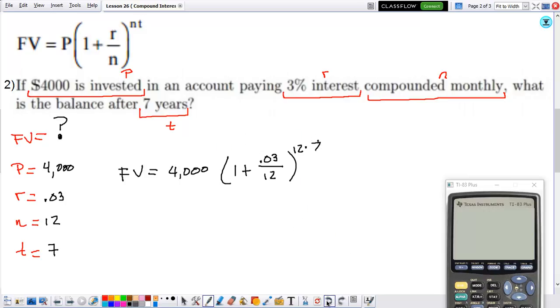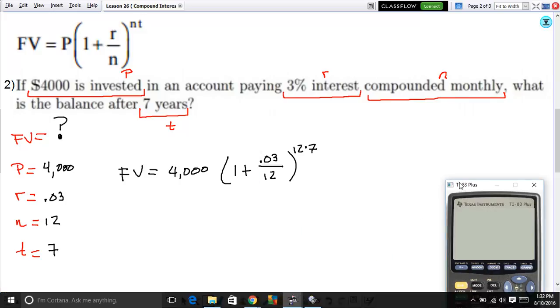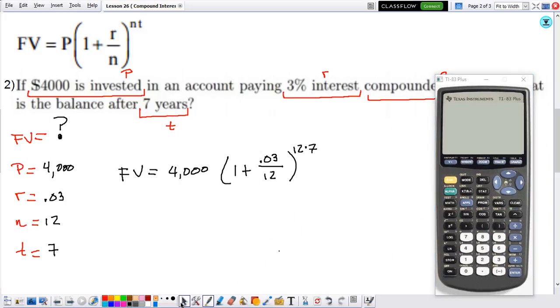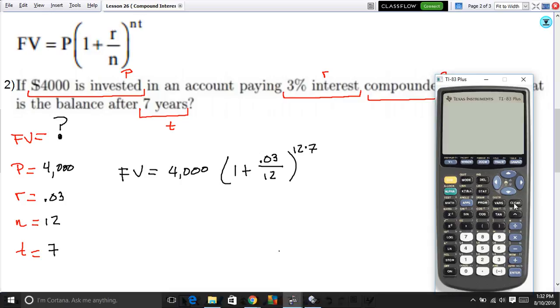One strategy that I use is I first just figure out what's inside the parentheses. I do the fraction first. So I'm going to put 0.03 divided by 12. That's that. I'm going to add 1.